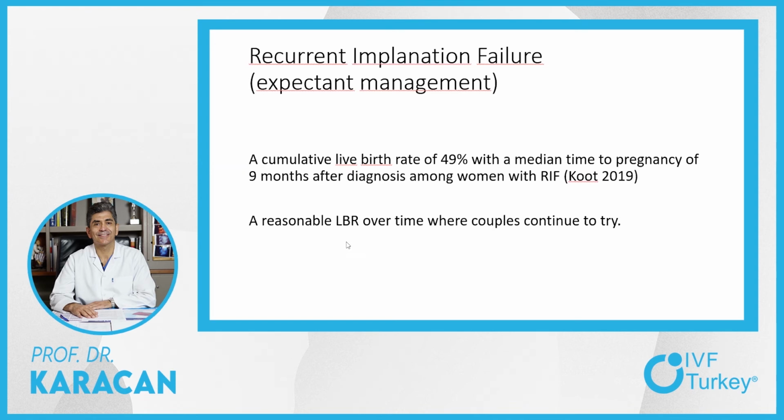So there's a reasonable live birth rate over time where couples continue to try. So please, the first rule of thumb: do not quit trying to get pregnant if you are under 40 and classified as having RIF. Almost 50% of women get pregnant in 9 months.